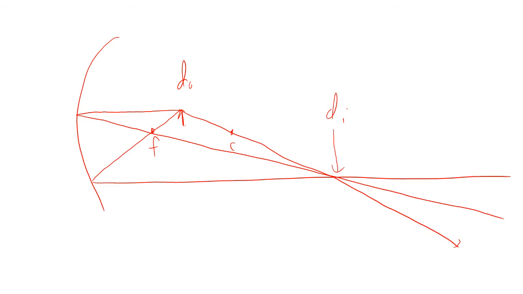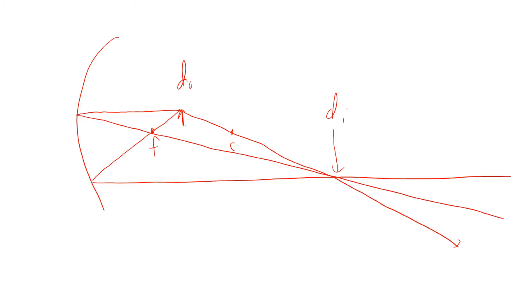Okay, the three primary rays. There's always three primary rays, and you can expect maybe on a test to draw a ray diagram and then submit it. To draw the three primary rays, the first ray always goes from the object to the mirror and bounces off, goes to the focal point, and keeps going straight. The second one goes through the focal point and then hits the mirror and goes out straight.